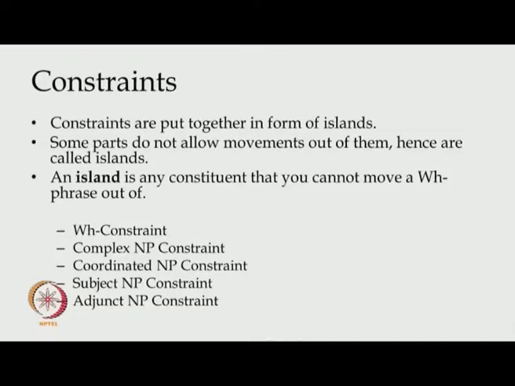So let's go through the restrictions, which are called constraints on movement. Here are some of the things that I want you to see. Constraints are put together in the form of islands. So the moment we are talking about constraints, we have an island in mind, and you know what we mean by island. An island is a place which is not connected with the rest of the land, right?